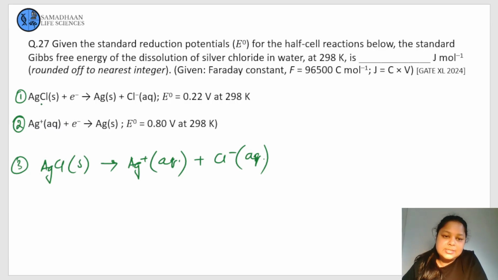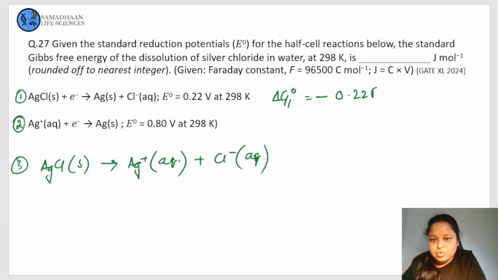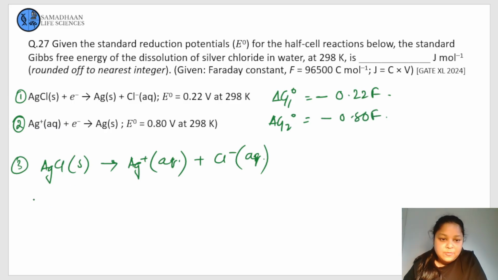Now for the first and second systems we have the E naught values. So let's calculate the Gibbs free energy. For both of the systems n is 1, so delta G1 is minus 0.22 into F, and delta G2 is minus 0.80 into F. We have to calculate delta G3 naught.